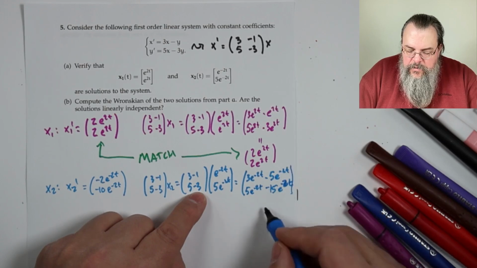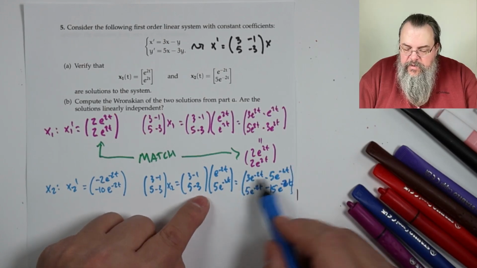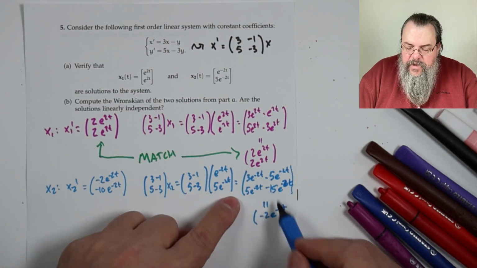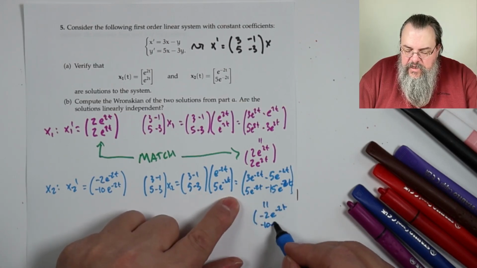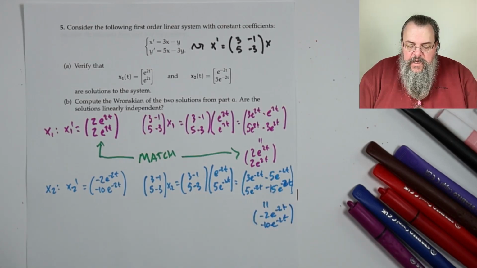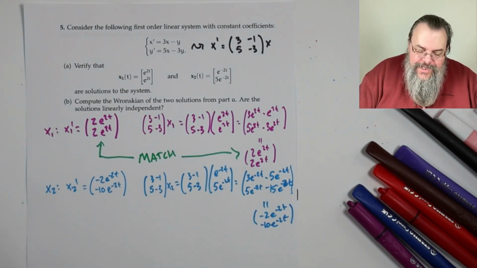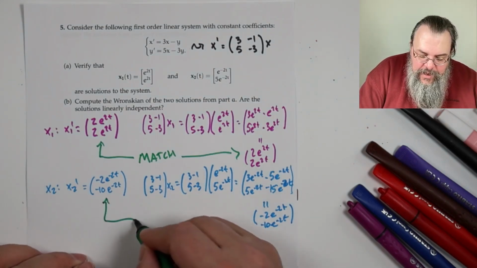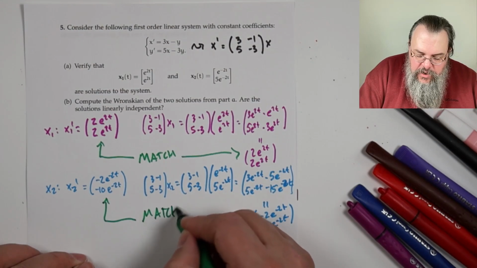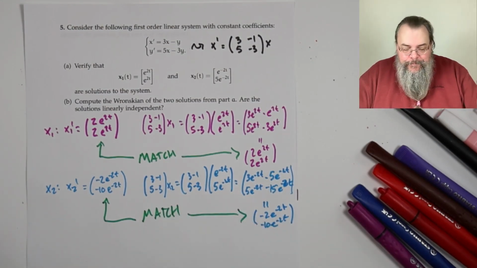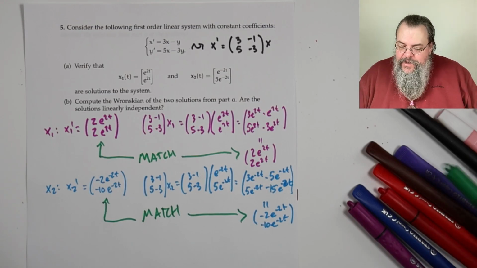Which is what? Well, 3 minus 5 makes minus 2 e to the minus 2t. 5 minus 15 is minus 10 e to the minus 2t. And again, we compare. Aha! We see these match.